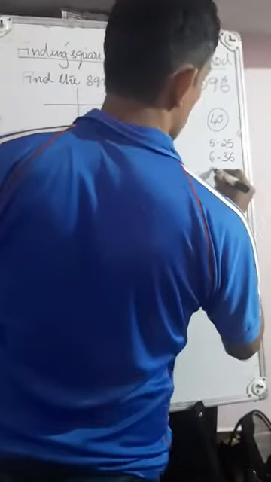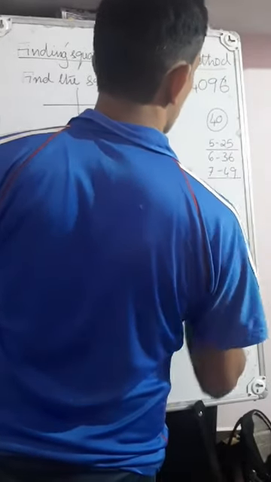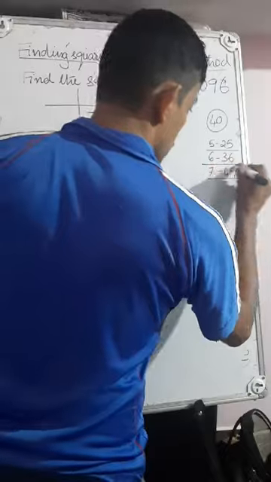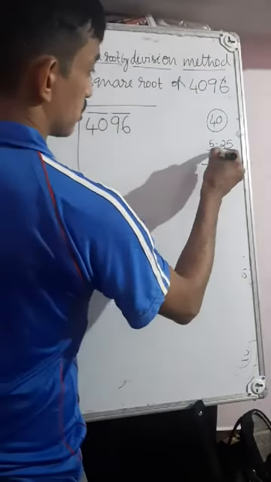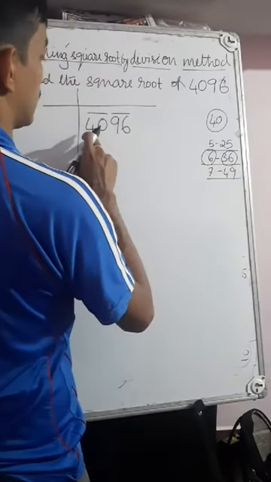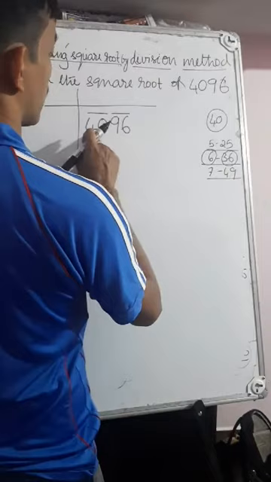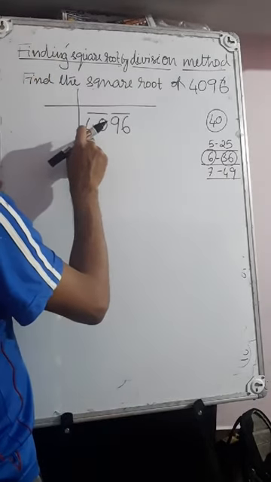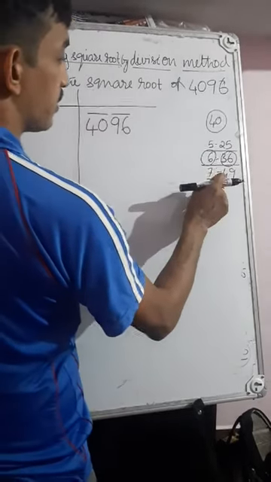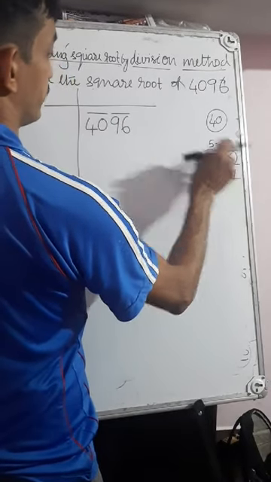From 5 you know, 5 25, 6 36, 7 49. 49 is greater, 5 gives 25, less, even 36 is less. So 6 square is 36, which is less than the leftmost group. If you take 49, that is greater than the leftmost group. So 7 is more, 6 is less.